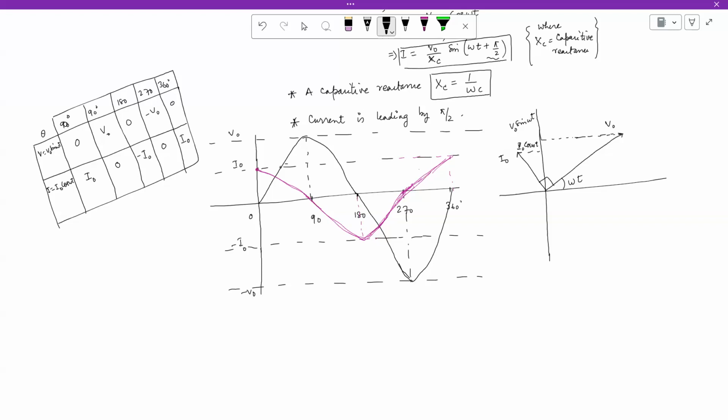Done, sir. Okay, so the next circuit is the AC circuit with an inductor, right?